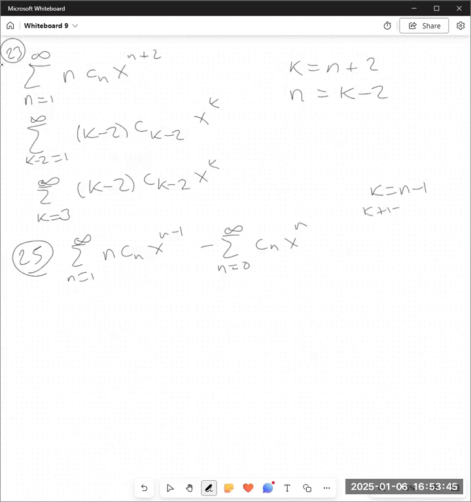So k plus 1 equals n. And then we have k plus 1 equals 1. k plus 1 is n. So c sub k plus 1, x to the k, minus, and then this one is just a substitution of k's for n's because I already have x to the n. Like that. And so this is k equals 0 to infinity.